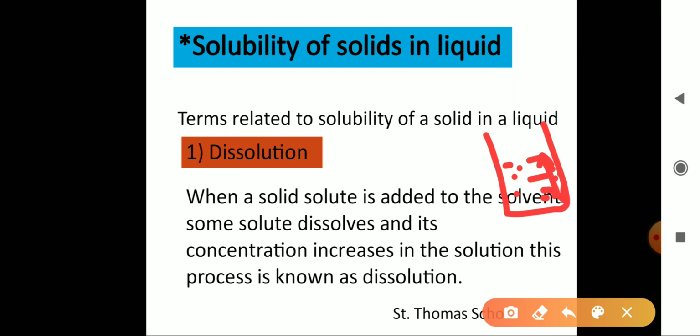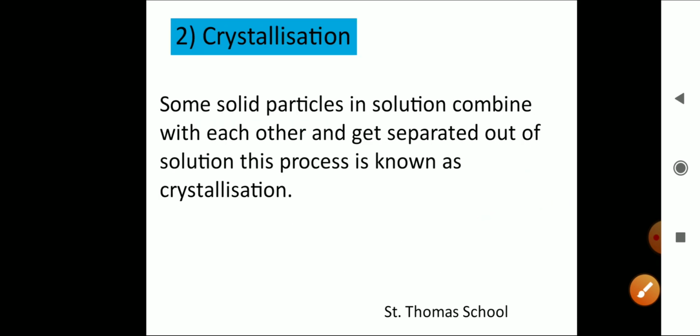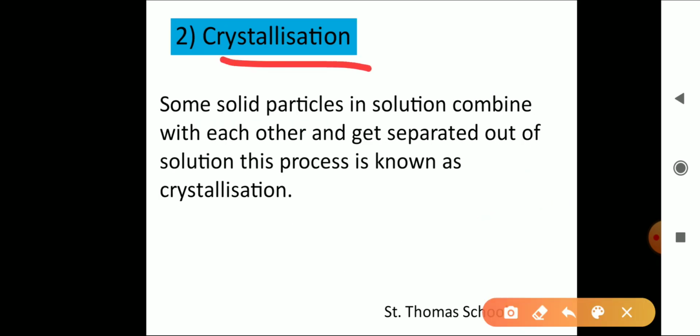So at that time, this process is known as crystallization. When some solute particles in solution combine with each other and get separated out of solution, this process is known as crystallization. You are getting me or not? When those molecules come closer to each other, the solid particles in between interact with each other, and that process is known as crystallization.